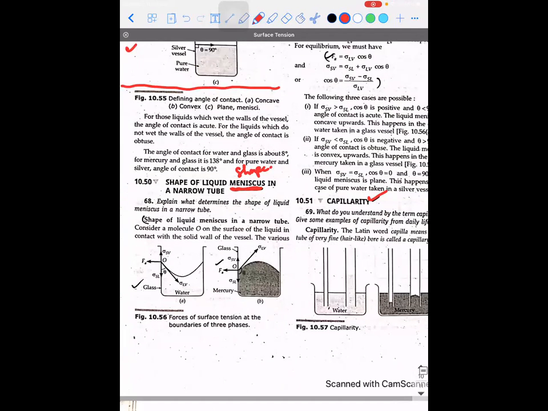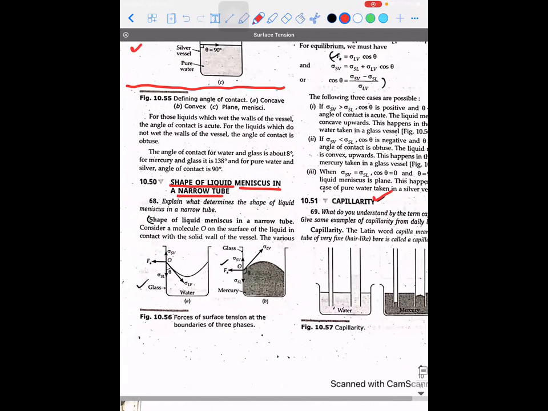Okay. So now we will see how to define the shape of a liquid meniscus in a narrow tube. Here we are going to see some mathematical details. I will suggest you concentrate more.